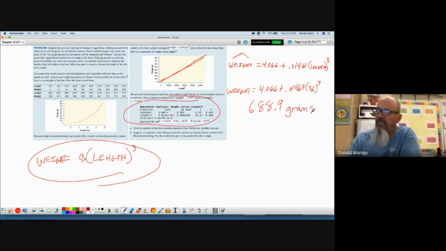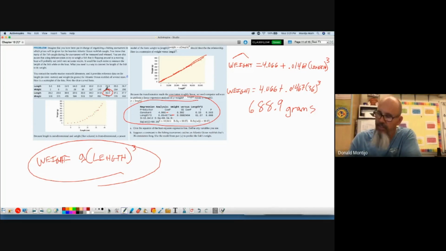If you look at the model, at the data set we have over here, that appears to be relatively correct. We see that the fish we caught at 36.4 weighed 719. This fish is a little bit shorter and weighs a little bit less.